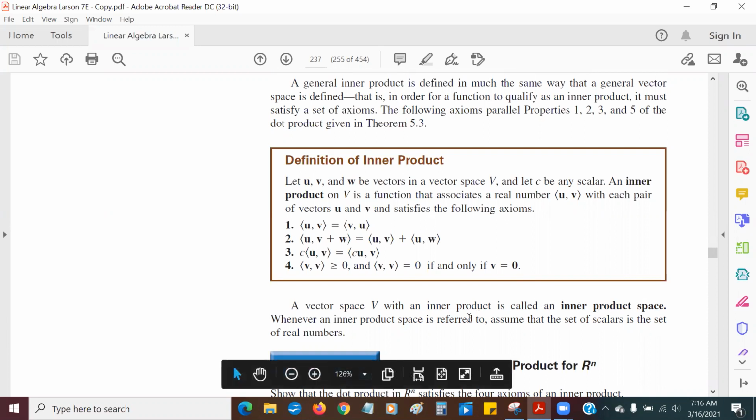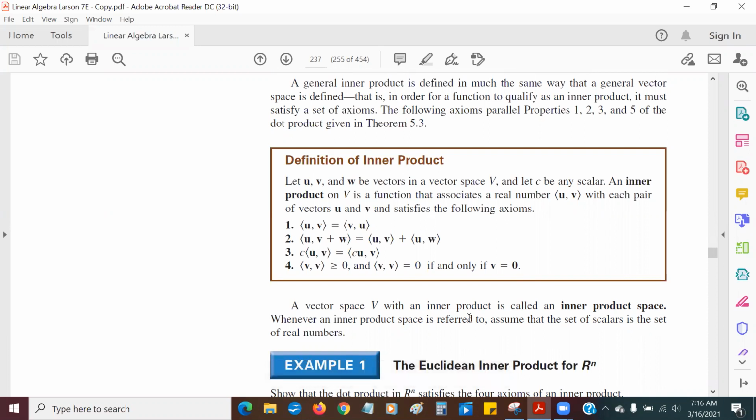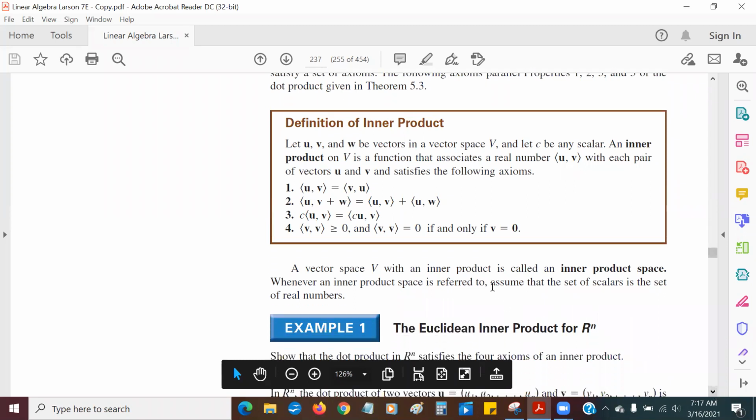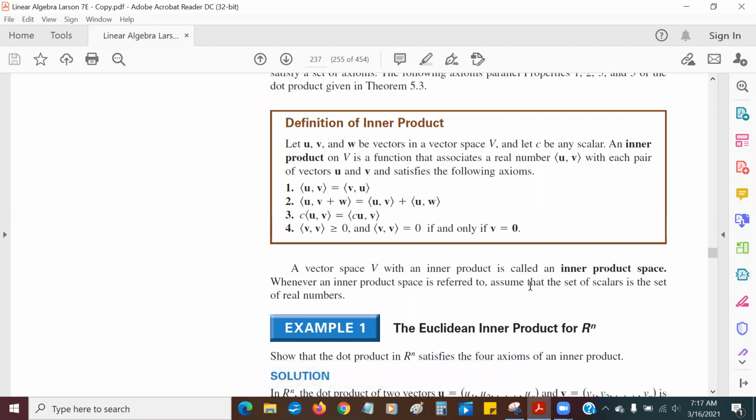So it's a very distinguished, very elite type of vector space. And whenever an inner product space is referred to, we always assume that the scalars are the set of real numbers. Now notice it says assume, because in theory it could be other things, but right now we're limiting our course to just scalars being real numbers.